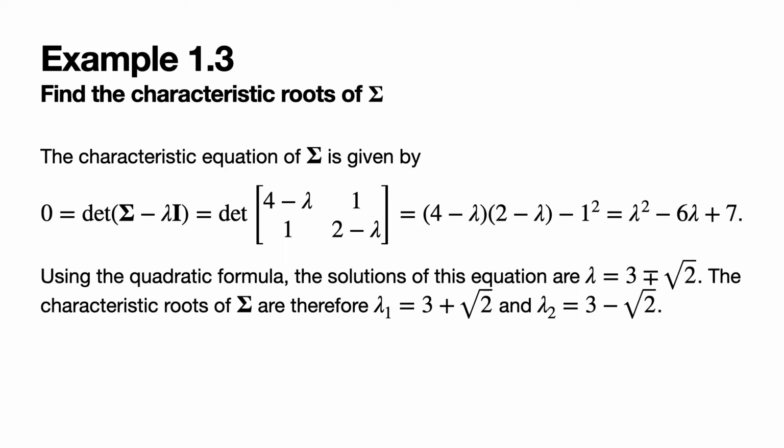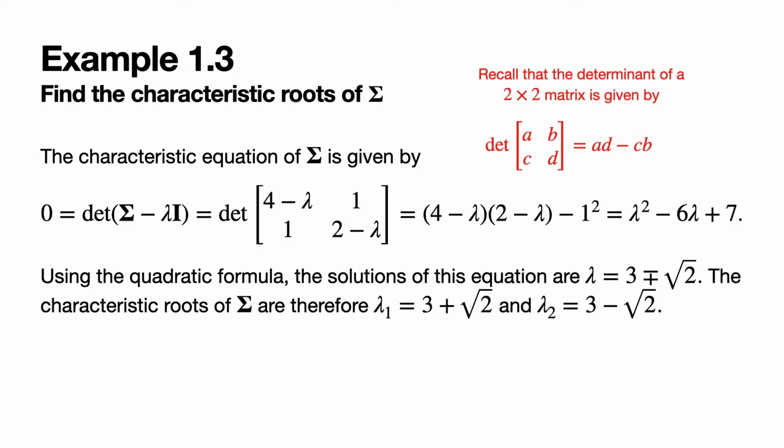Now the determinant of this difference between cap sigma and lambda times the identity matrix is equal to, as you can see here, the determinant of the 2 by 2 matrix with entries 4 minus lambda and 1 in the first row, and then 1 and 2 minus lambda in the second row.